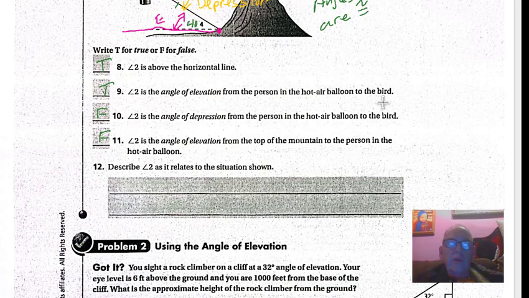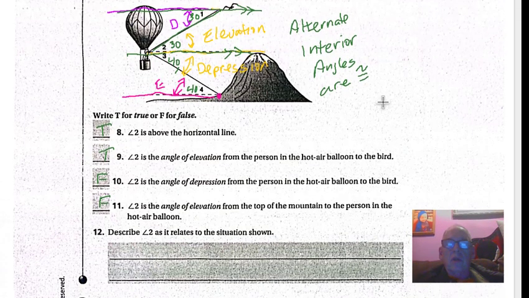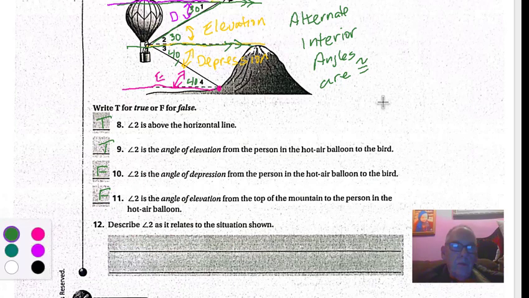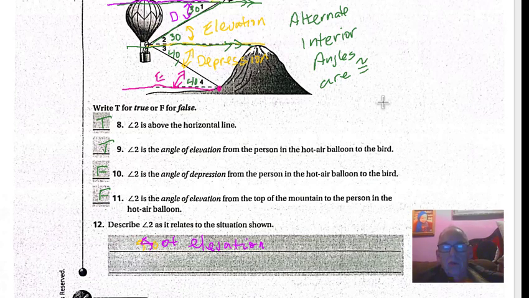Describe angle 2 as it relates to the situation shown. Okay, angle 2 is an angle of elevation to the bird. So angle, let me change colors. It's an angle of elevation, observer to bird.